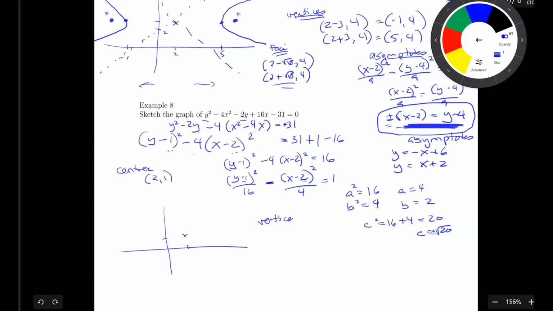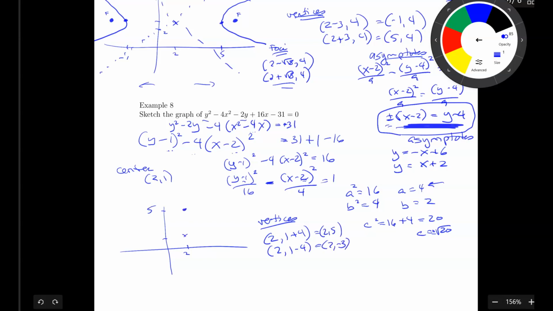So the vertices will be the x value of 2, and then I'm going to be adding and subtracting this a value to the y, right? So I get 1 plus 4, and then the x value of 2, 1 minus 4. So this gives me 2, 5, and 2, -3.